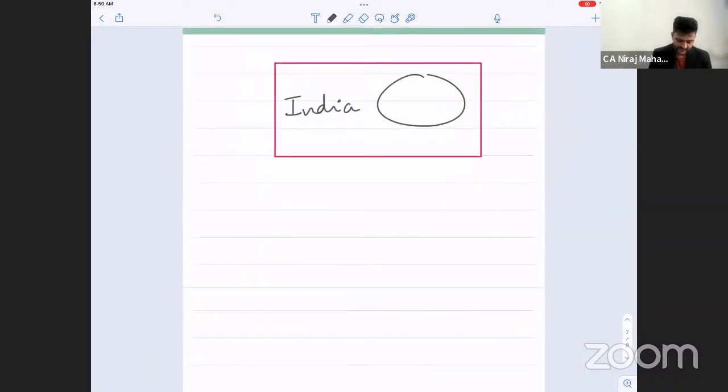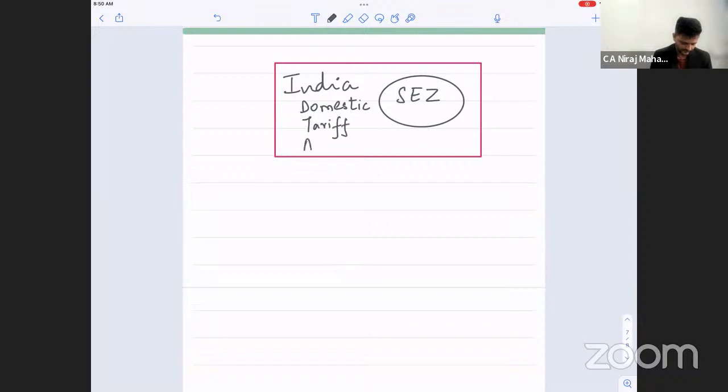This is my SEZ, special economic zone. All right. So the area outside SEZ is called the domestic tariff area. Write this down. Domestic tariff area.